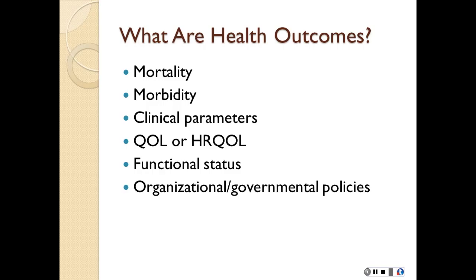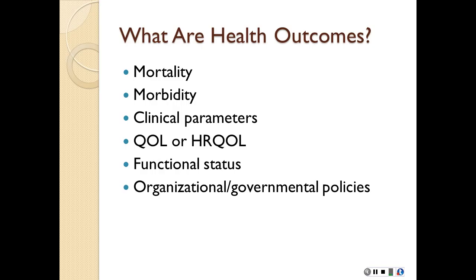Now, health outcomes. These are typically the outcomes we're interested in. Mortality, did people die? Morbidity, did people get sick, or get more sick, or get another illness? Clinical parameters, so did their blood pressure increase? Did their cholesterol go down? Quality of life or health-related quality of life? You may have lost your foot, but are you still okay with that?